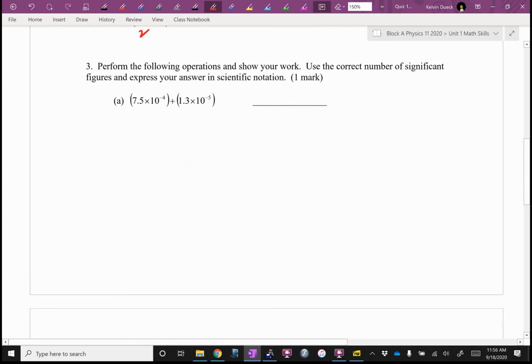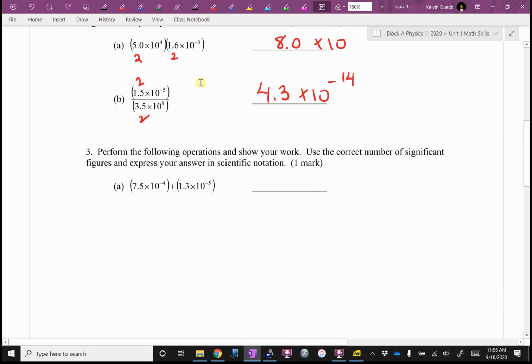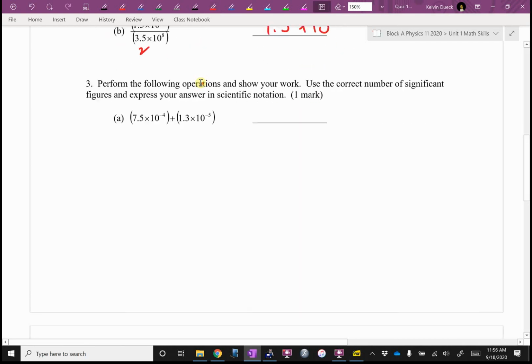Number 3 is tricky. How do I add and subtract sig figs with scientific notation? Well, remember I told you it has to do with the number of decimal places. The problem here is in scientific notation, I can't really see how many decimal places there were originally. Question, Aiden? Okay.